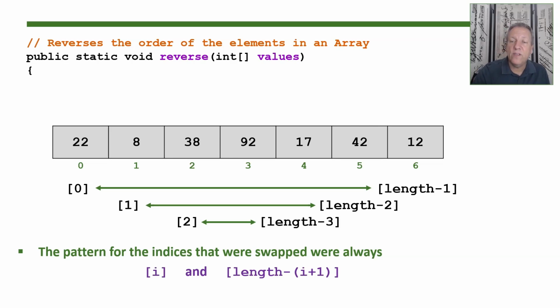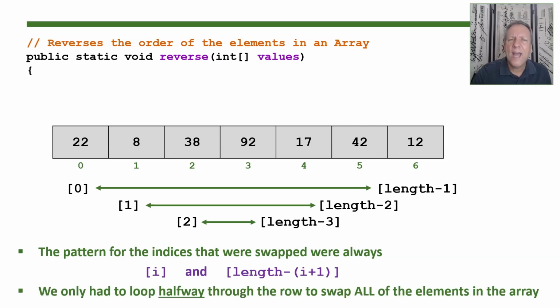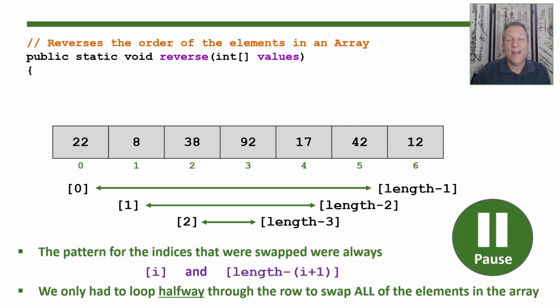And we can use this pattern to swap pairs of elements as we traverse through each element of the array. Also, notice that we only have to loop halfway through the entire array to swap out all the elements in the array. This means our iteration will only need to go to the length of the array divided by 2. All right, pause here if you want to have a go at our last algorithm.